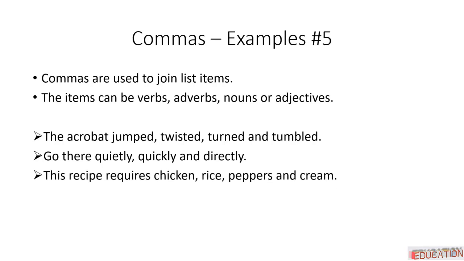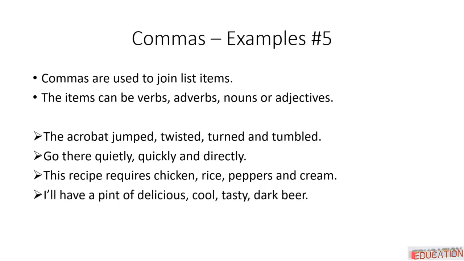Or for nouns, "This recipe requires chicken, rice, peppers, and cream." And lastly, for adjectives, "I'll have a pint of delicious, cool, tasty dark beer." And in each of these, the list items have been separated by commas, and you will have noticed we've used the UK version here, without a comma before the "and" at the end.